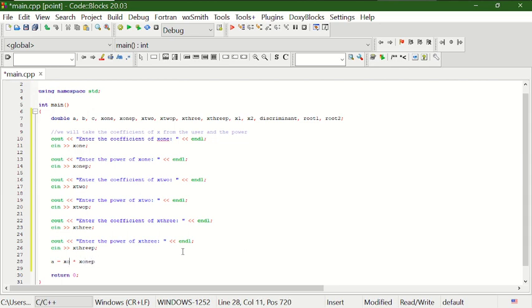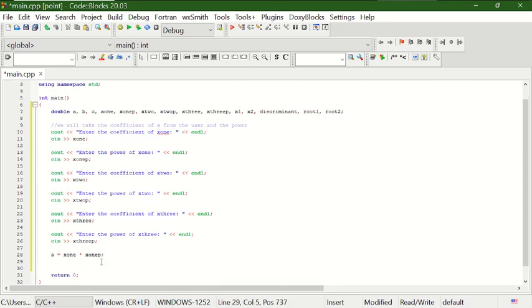I just want to be very sure of something. X1, I want the double. So we're going to terminate this, okay? So next thing we're going to do is what? B is equal to what? X2 the double times x2 power the double.